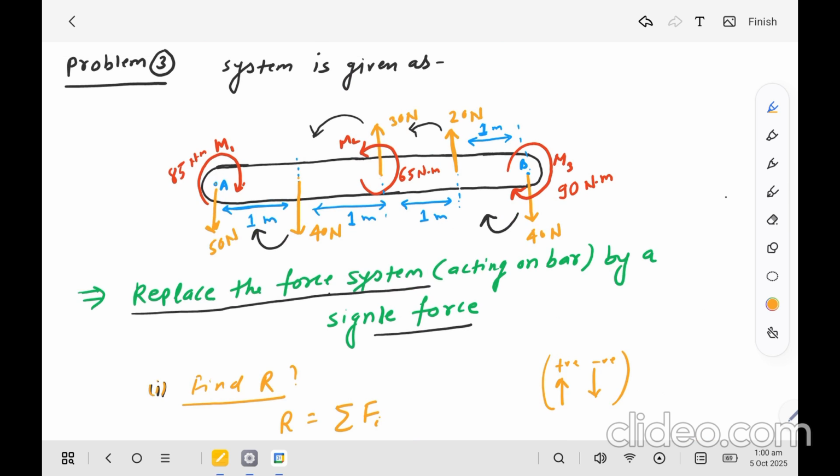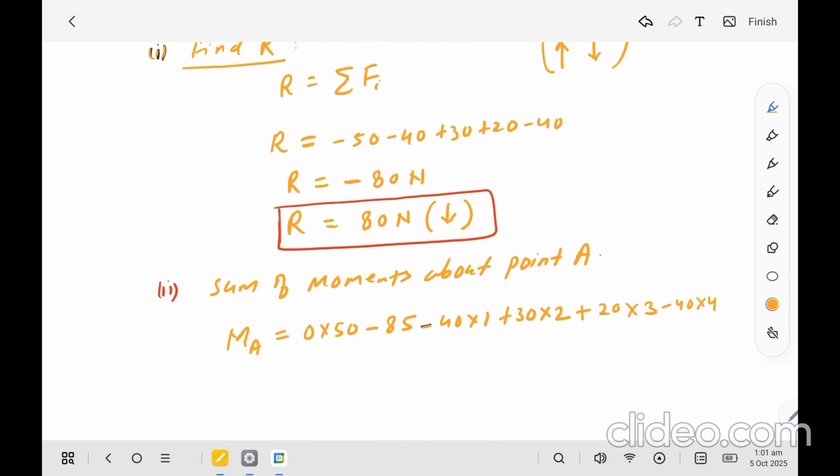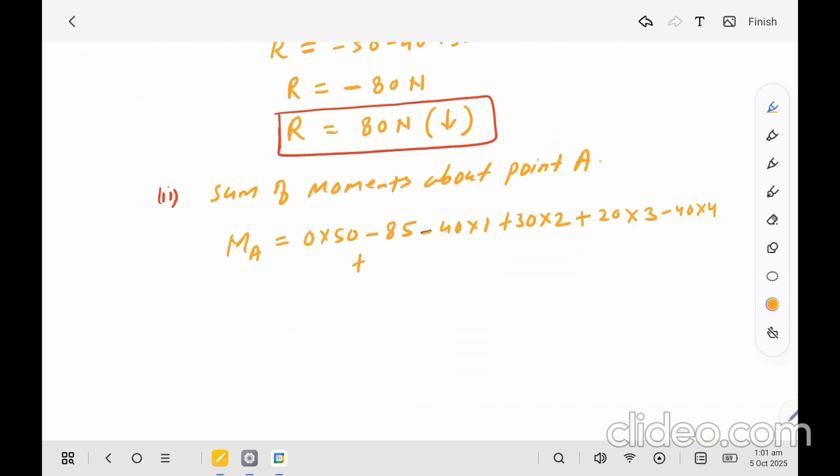And this moment M2 is anti-clockwise, M3 is clockwise. Okay, so 65 is anti-clockwise, plus 65 and minus 90. So we have 8 moments: 1, 2, 3, 4, 5, 6, 7 and 8.